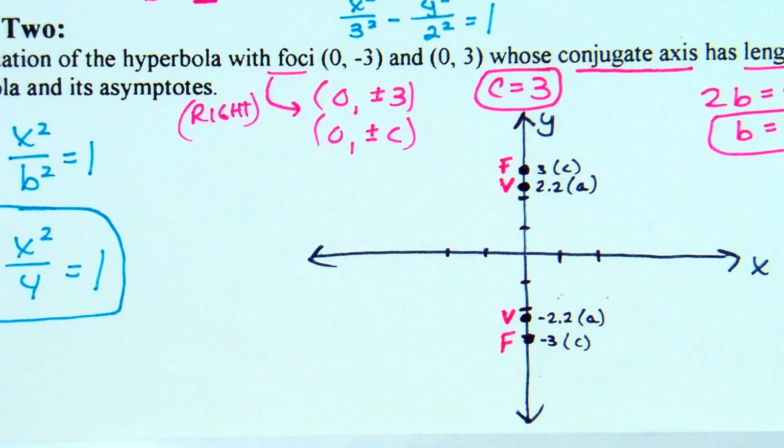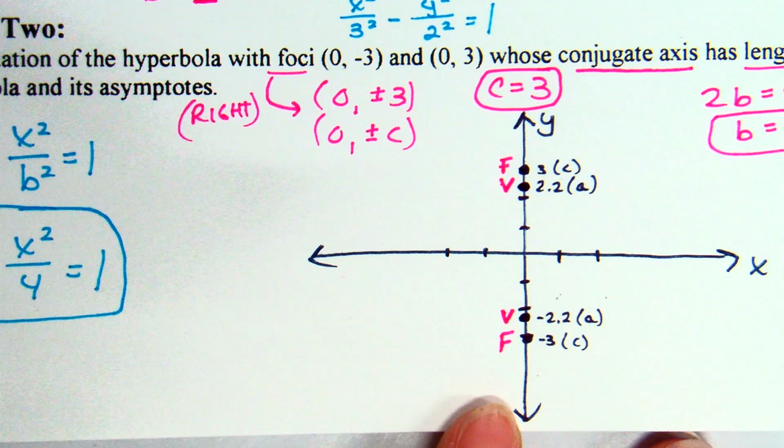The other thing I need you to do is I need you to count your B's. Now, A's are on that main axis, which is the, what's the word? Transverse axis. I lost it for a moment. Okay. B's are more on the minor axis, which now the minor axis is the conjugate axis. My B value was 2. So that means I'm going to count left and right 2.